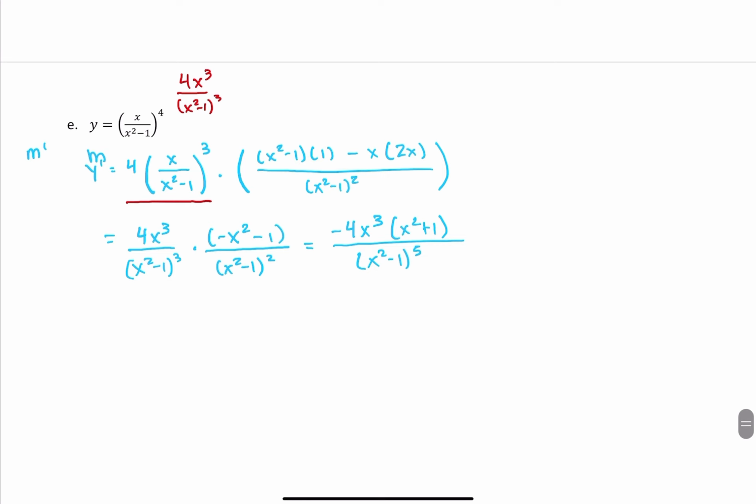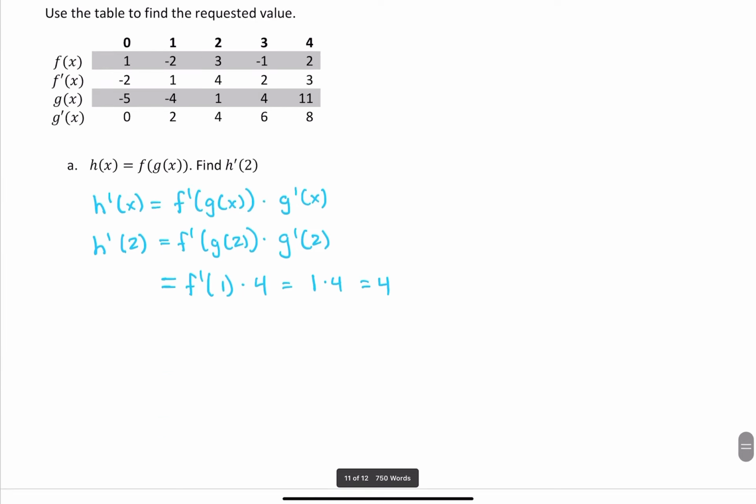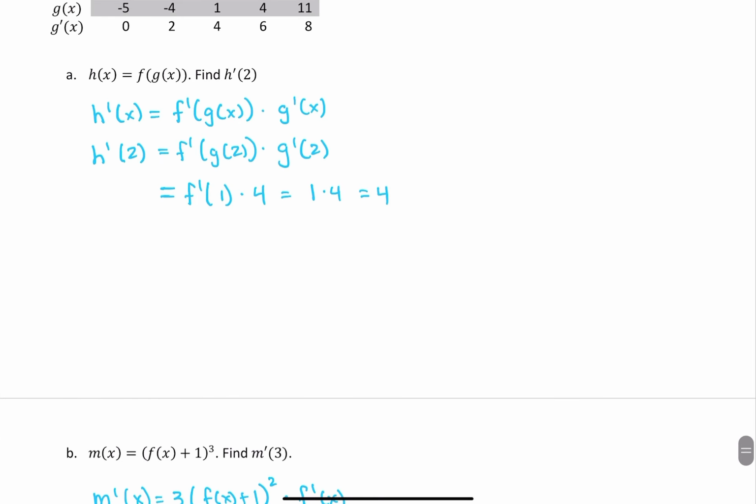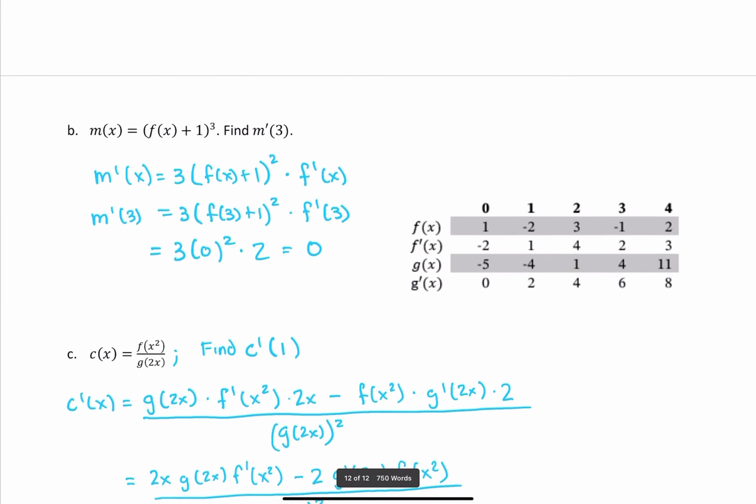For E, we didn't actually change the x divided by x squared minus 1. We used the property of exponents that allowed us to cube both, but we didn't really change it. And for all of these examples, we never changed the actual inside function. It always stayed the same.